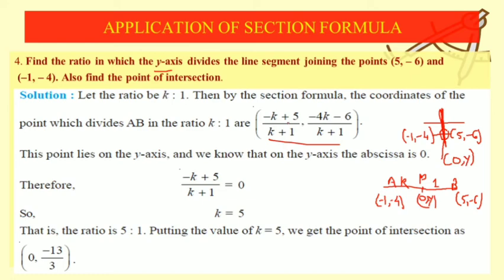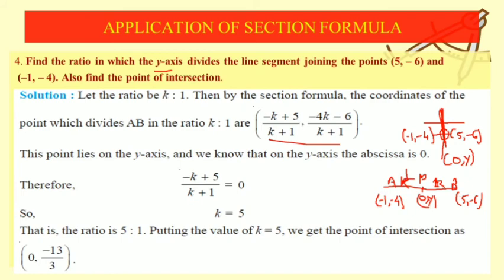Okay, we can take the ratio part this way also. We can take the ratio from here to here also. Suppose we take this as k, as it is taken here, and this as 1. So this way also we can do.